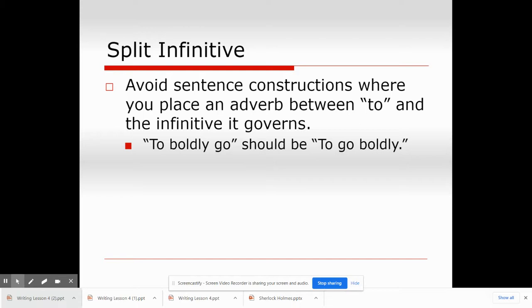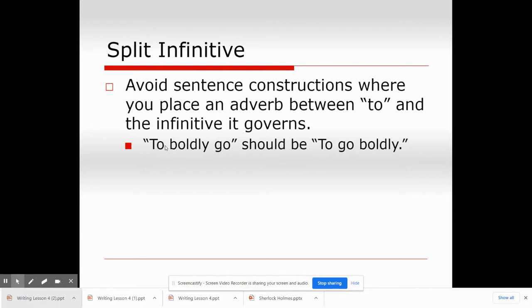Okay, split infinitives. You want to avoid sentences with constructions where you place an adverb between to and the infinitive that it governs. So if you know the show Star Trek, this is the most famous split infinitive. To boldly go.